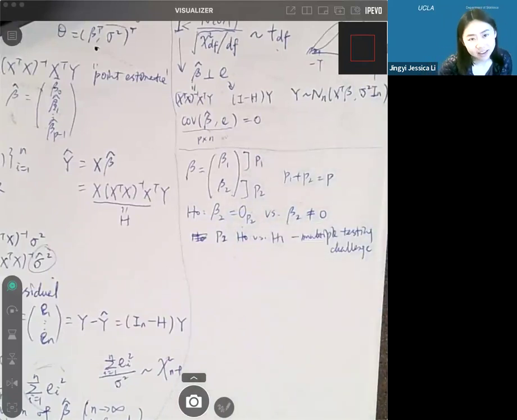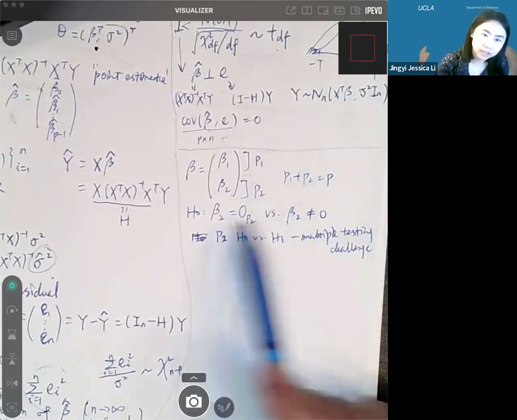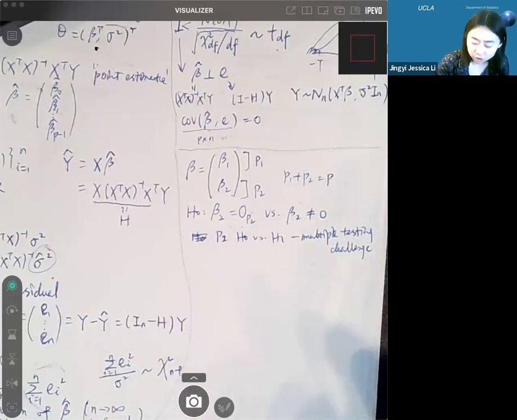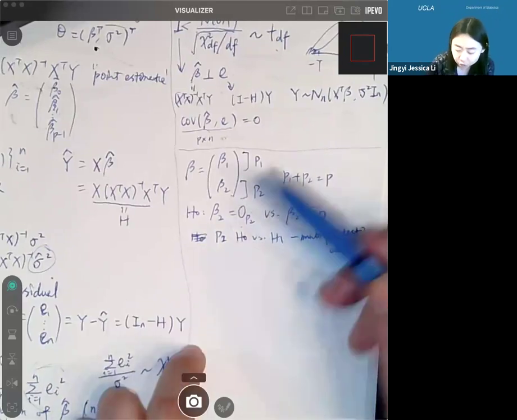I face this complexity more and more as I understand both sides, what statisticians think and what practitioners think. For statisticians, to avoid the multiple testing challenge, let's do a joint test. But for practitioners, the joint test result is not so informative because you don't know which elements are zero. So that's an open question I want everybody to think about: what strategy would you choose for your question? Anyway, let's talk about the joint test.